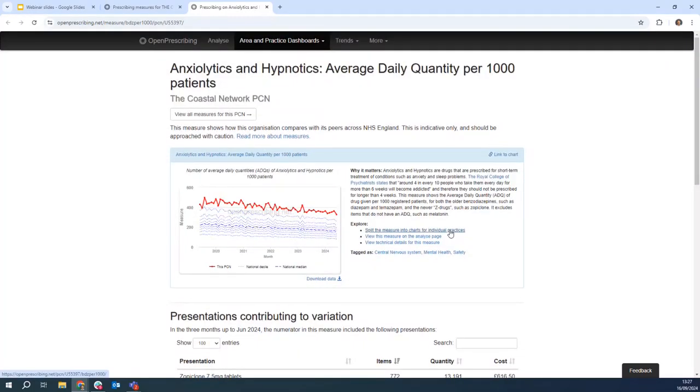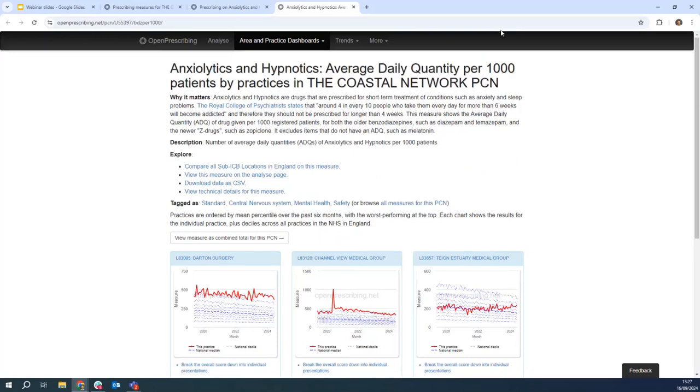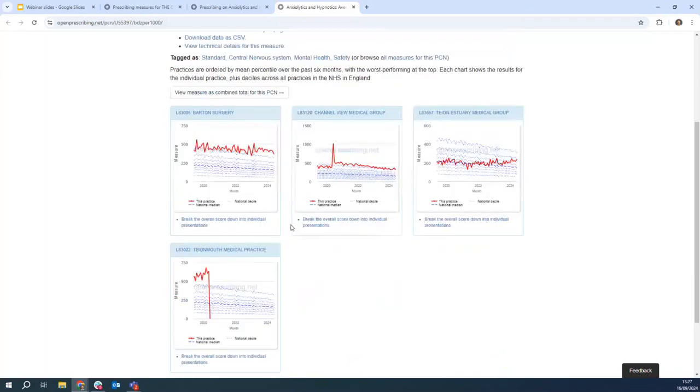Then, because we're looking at a PCN, we might want to think about what's happening at individual practices. So again, in this Explorer, I can go back to the other one. There's an option to split this into individual practices. So let me click it. Okay, so then I've got a new page with 4 different charts, one for each practice that's in the PCN.